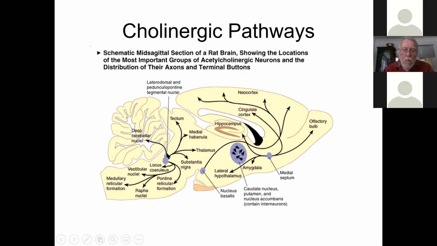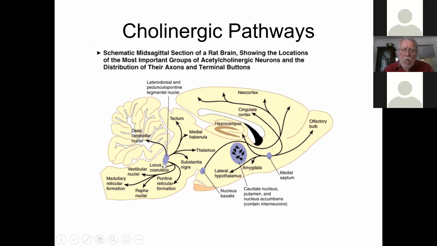The caudal area is found in the laterodorsal and pedunculopontine tegmental nuclei. So they're sitting in the rostral pons and the very caudal midbrain.